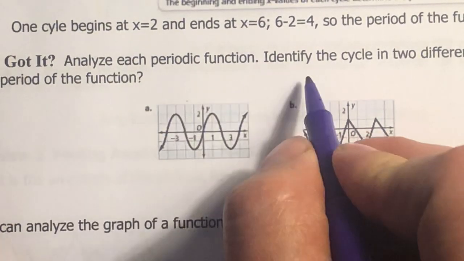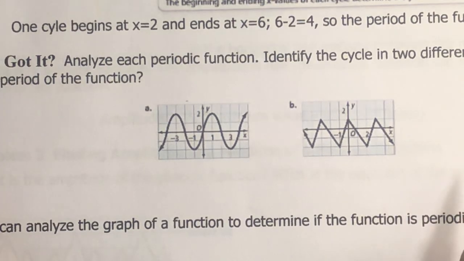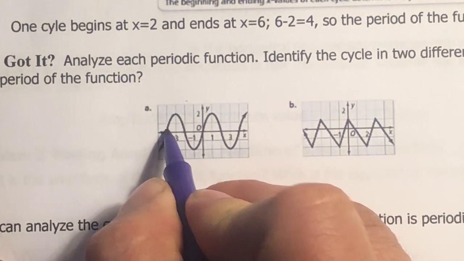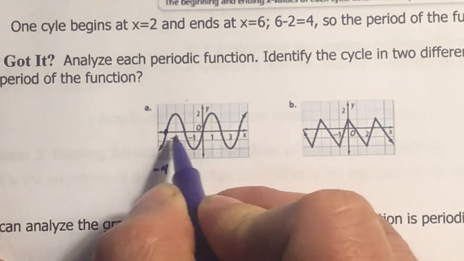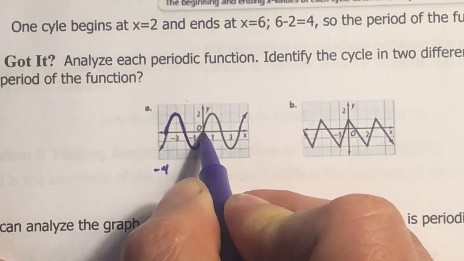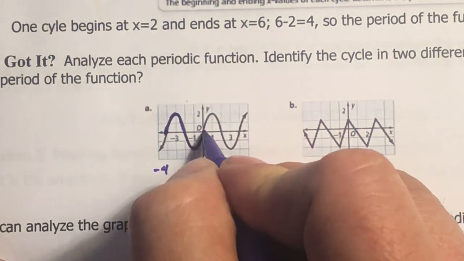All right, let's see if you got it. Analyze each periodic function, identify the cycle in two different ways, and find the period of the function. It doesn't matter where you start. For this one, I could start right here at -4, follow this around, and stop right there. That is one cycle.